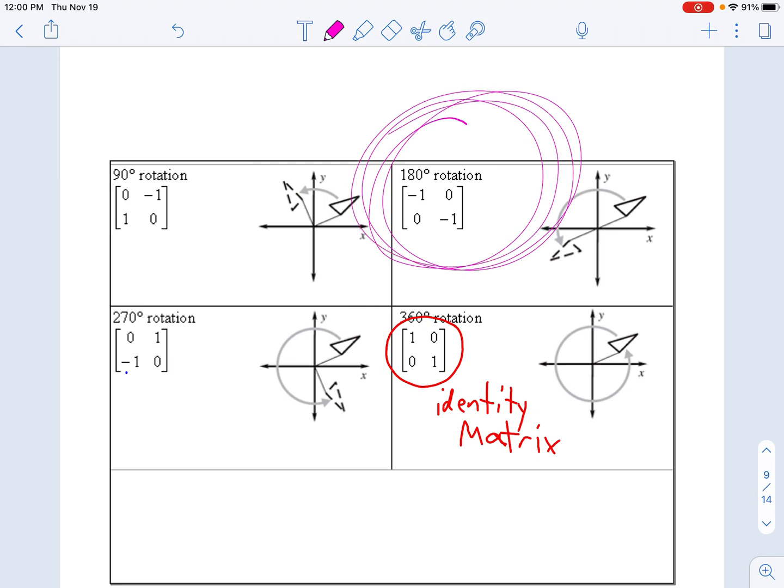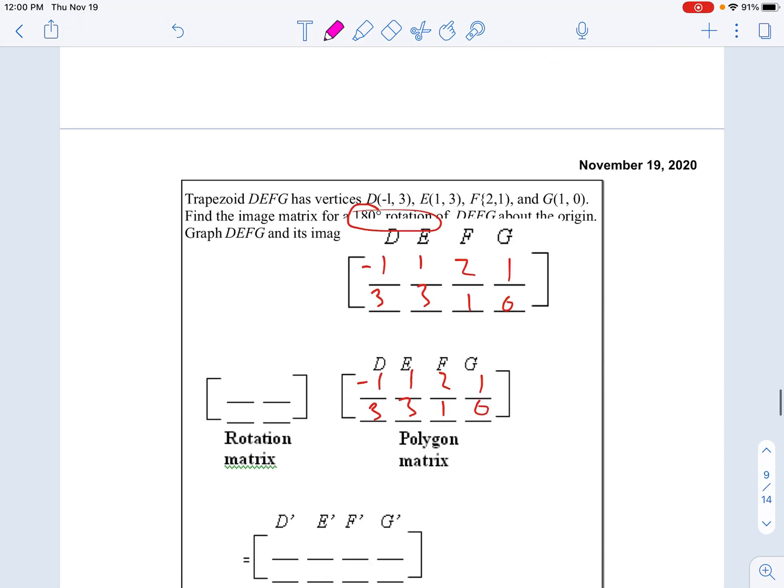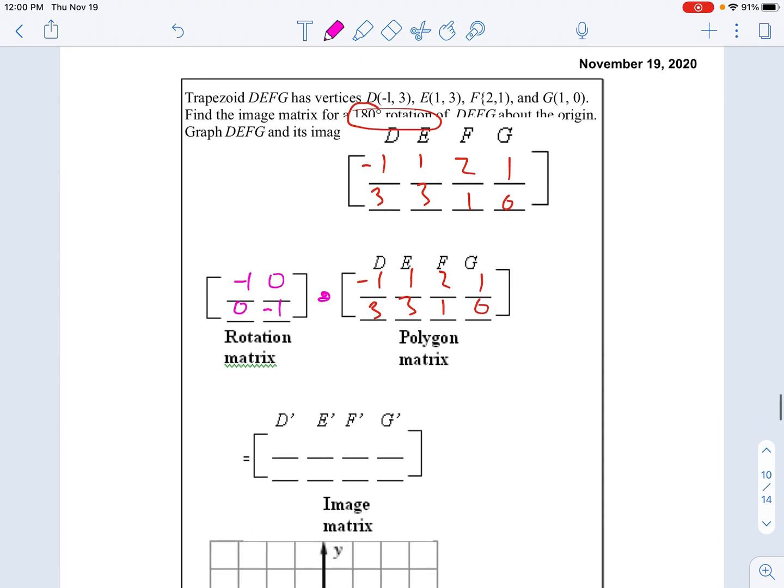So it's negative 1, 0, 0, negative 1. And remember, that rotation matrix always comes first. So it's rotation times our polygon. So we're going to end up at (1, -3), (-1, -3), (-2, -1), and (-1, 0) when we multiply.